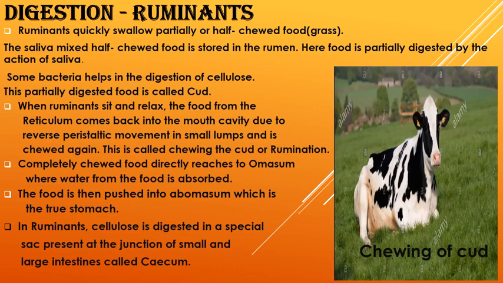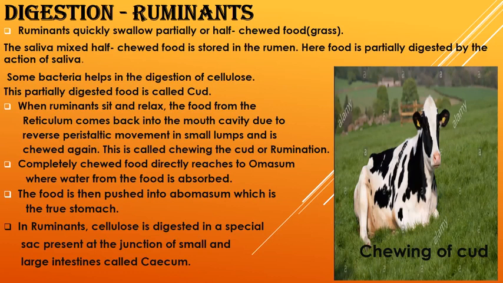Now, when the ruminants sit and relax, the food from the reticulum comes back into the mouth cavity due to reverse peristaltic movement in small lumps and is chewed again by these ruminants. This process of chewing the cud is called rumination.